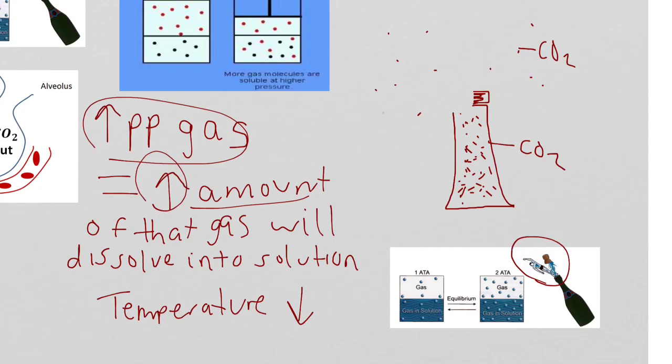Then that's an example of everyday life when we're diving. We dive and we increase the partial pressure, and we have nitrogen dissolved into our blood, but we follow proper ascent rates.